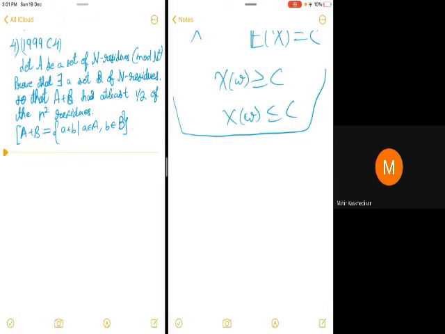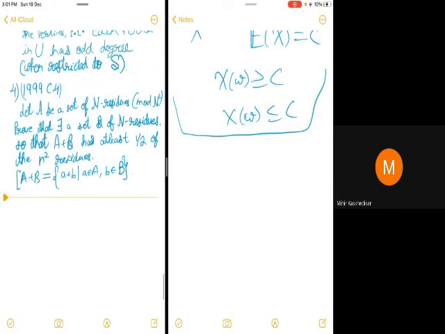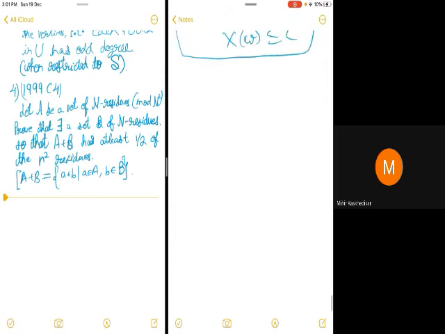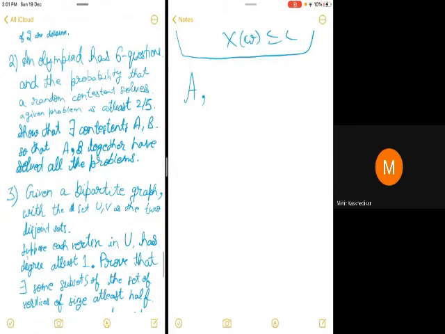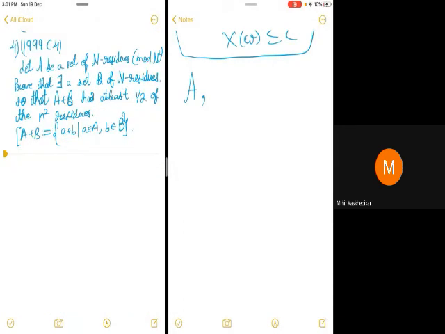Now let's try this problem. I think this problem might be a bit technical, but okay, let's just do it. Let A be a set of n residues modulo n squared. Does everybody know a little bit of modular arithmetic?